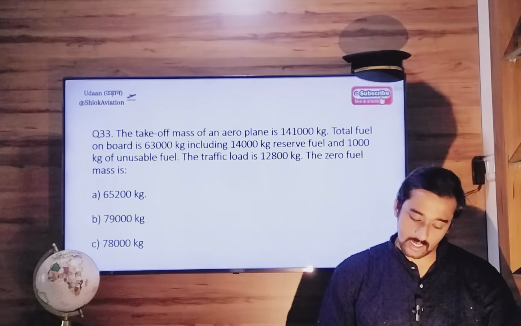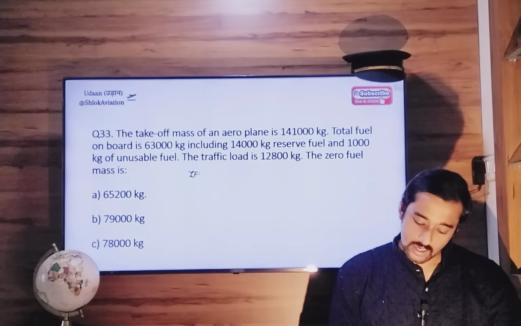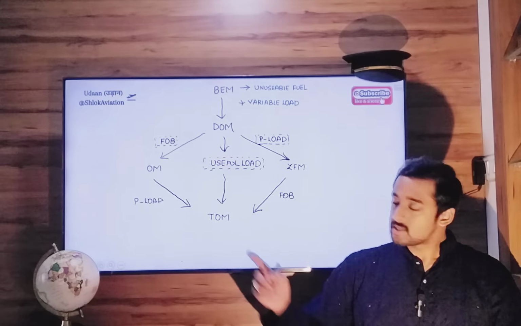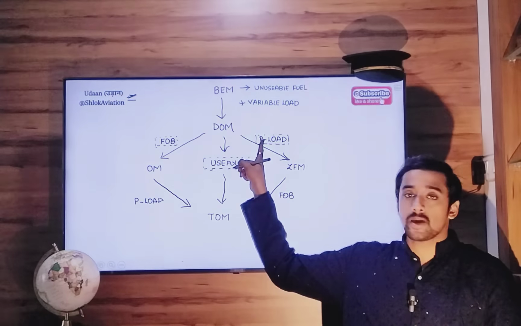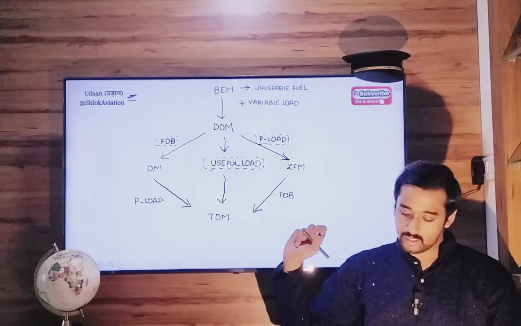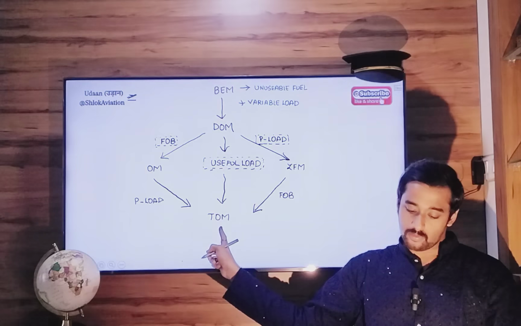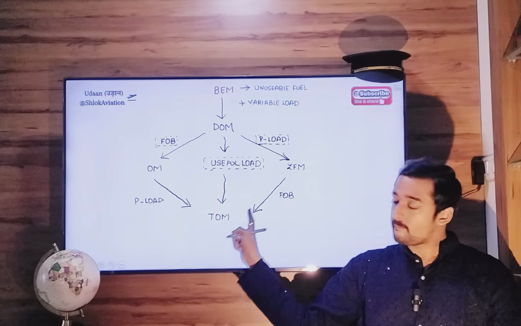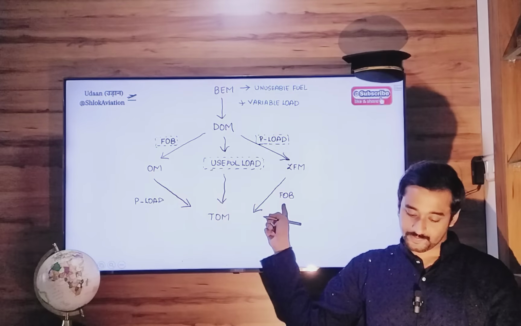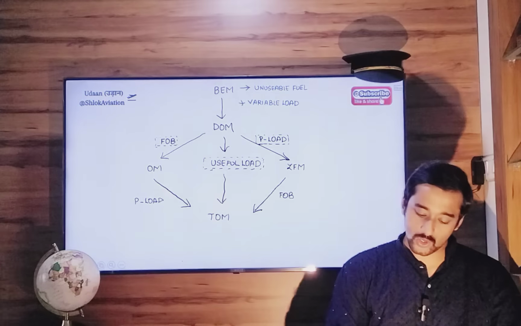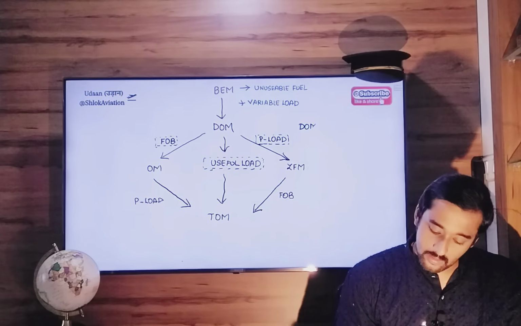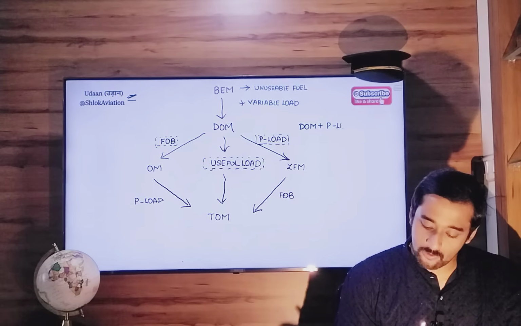Now we have to find zero fuel mass. So what is zero fuel mass? Zero fuel mass is DOM plus payload, or TOM, that is takeoff mass, minus fuel on board, equals zero fuel mass. So DOM plus payload is your zero fuel mass.